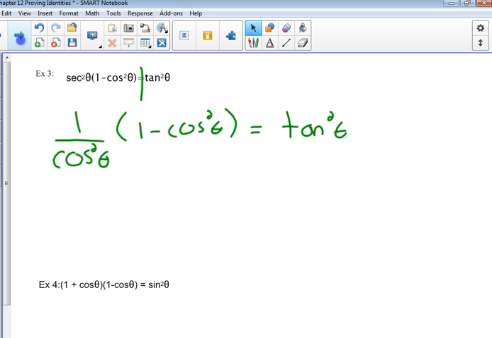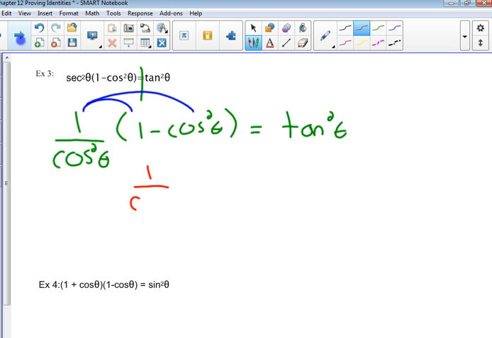All right, let's distribute. Sounds good. And we bring this down. We get 1 over cos squared minus, what's the next fraction look like? Squared, yep.